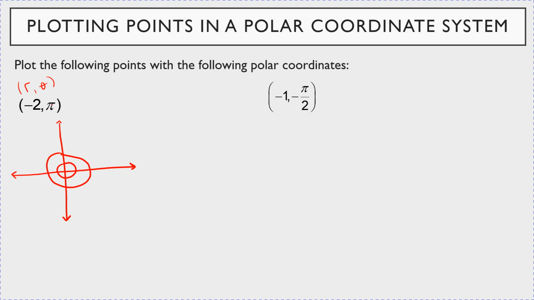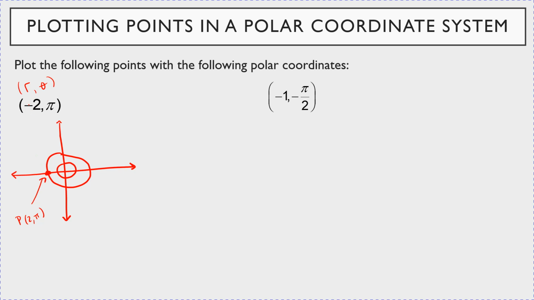I'm going to go out pi. The angle is pi, so that's over here, okay? But this point here would actually be the point 2 comma pi, because my angle is pi, and then my distance from the pole is 2.